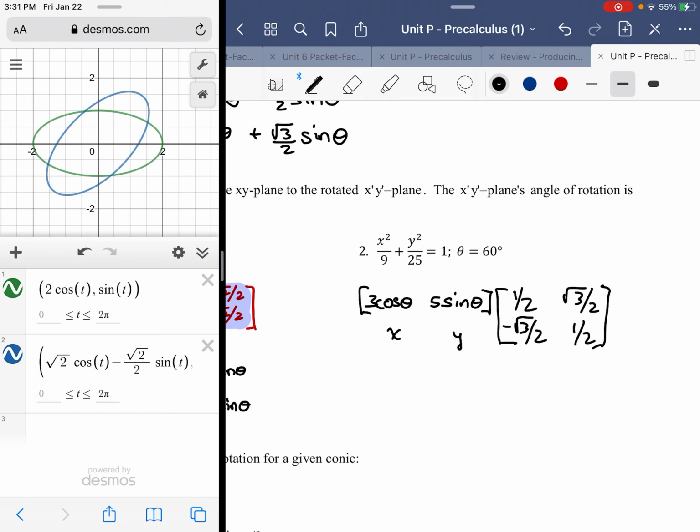And then it's just a matter of carrying out the multiplication. So here's my x, here's my y. X prime, y prime. And it's just the matrix multiplication.